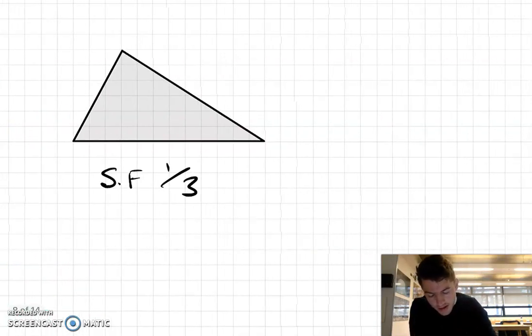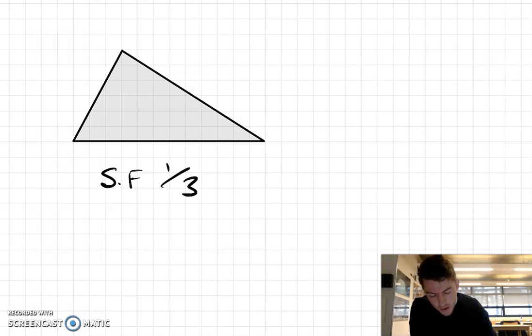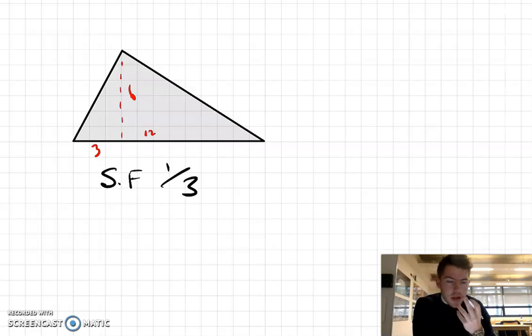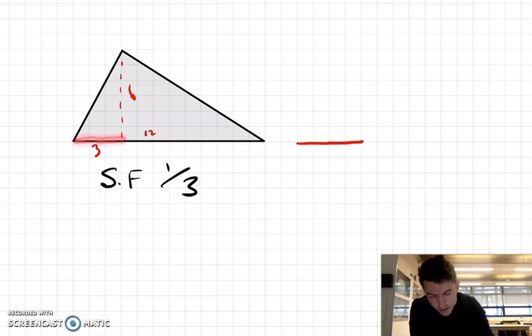This one here, what I can see is got a width of 12, and I can see here it's got a 1, 2, 3, 4, 5, 6 by 3 height. So scale factor of 1/3, that's going to become, you've got to have a base of 4, 1, 2, 3, 4, and this little point here is going to be 1 in, and a height of 2.